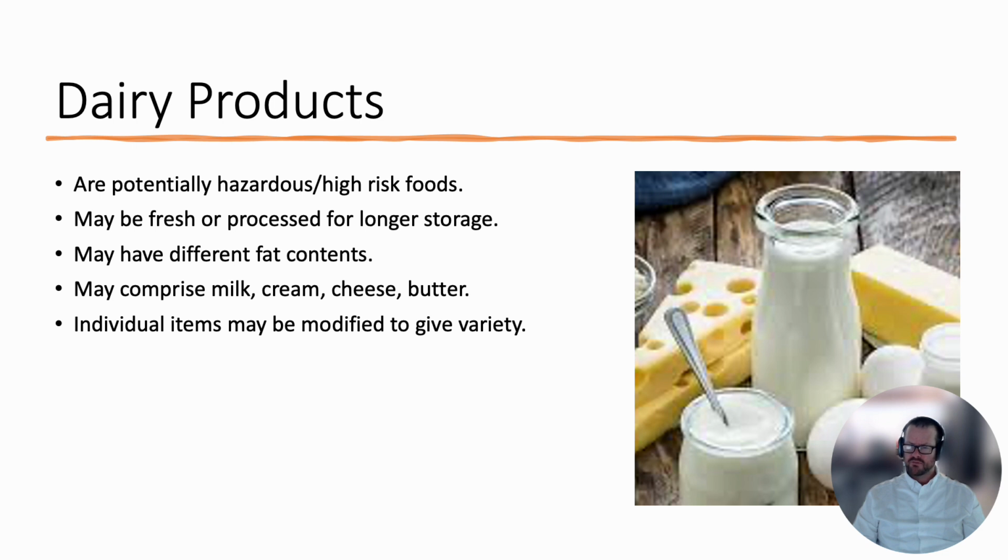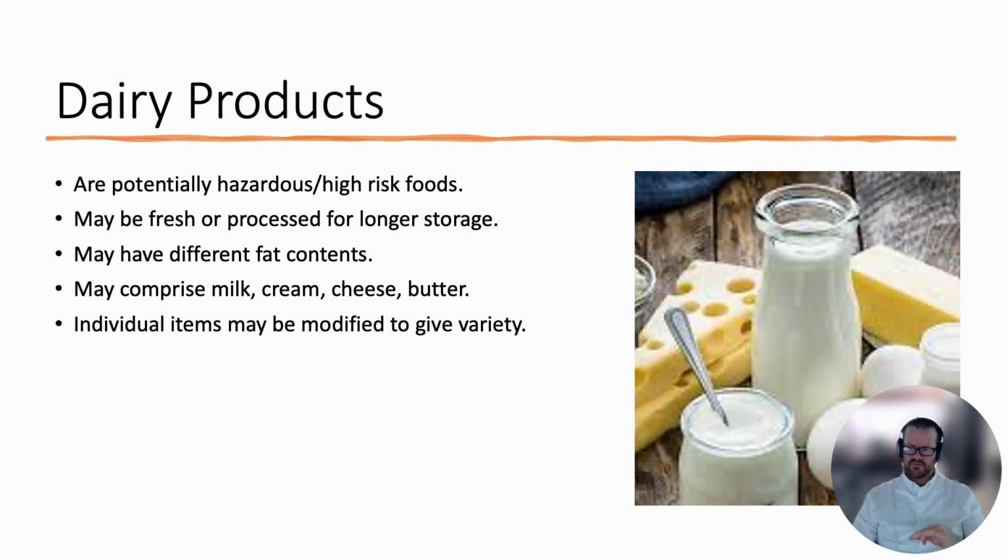You can get them fresh or processed, and we might be talking about UHT, ultra heat treatment, which means that we can store it for longer. Maybe it's dried. One of the differences between cheeses is how long we store it for. The longer we store it for, the less moisture that's in there, the stronger the flavour.